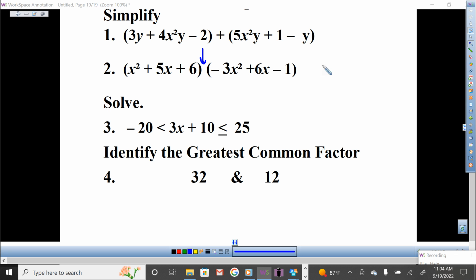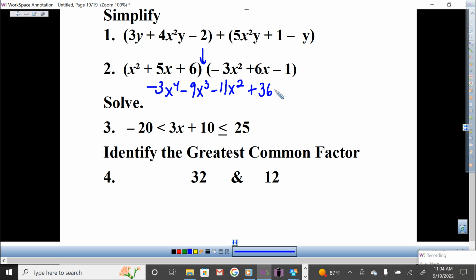Number 2: negative 3x to the 4th power minus 9x cubed minus 11x squared plus 36x minus 6. Hands if you got that. Looks about right.